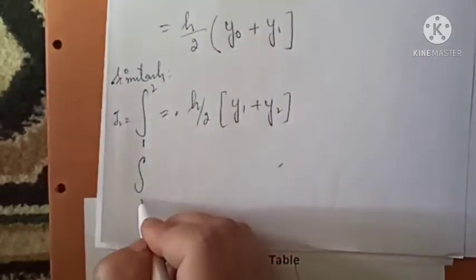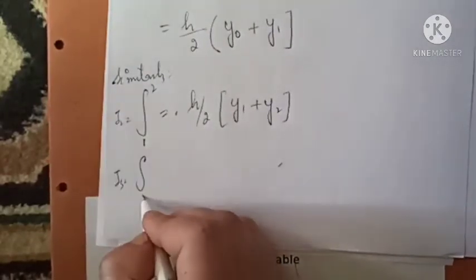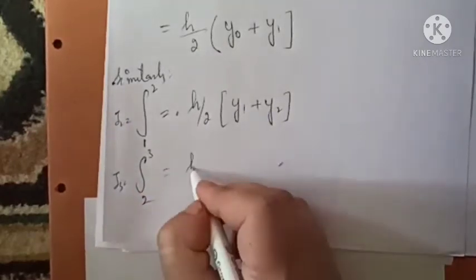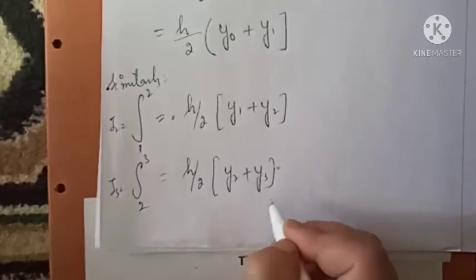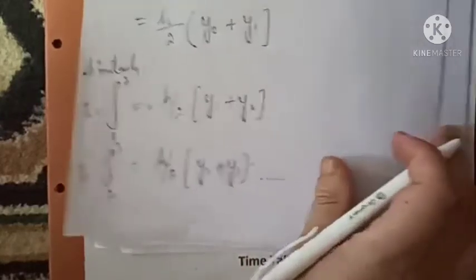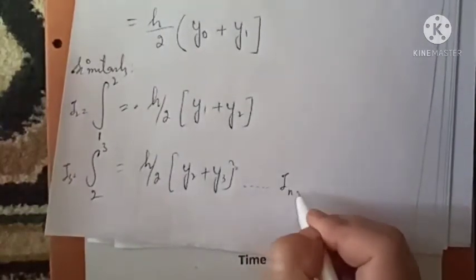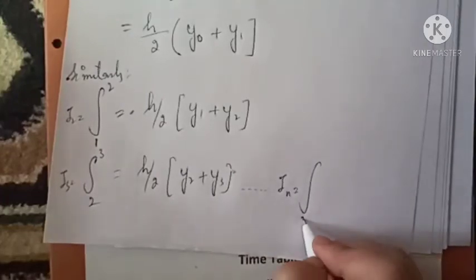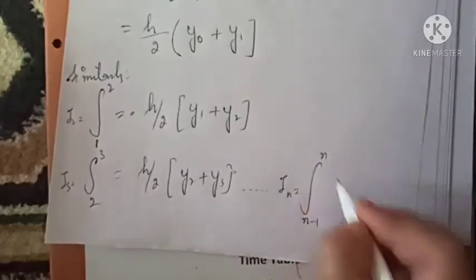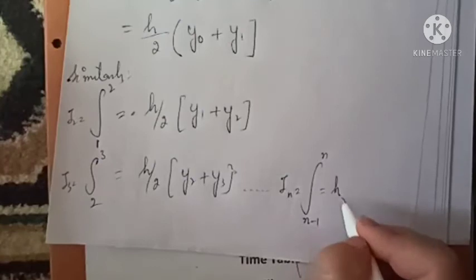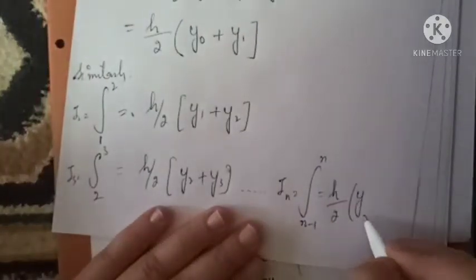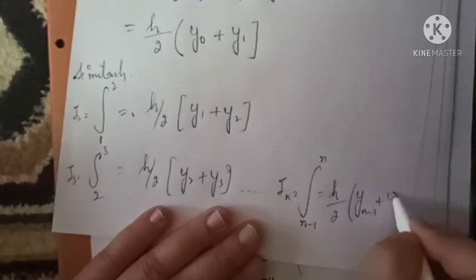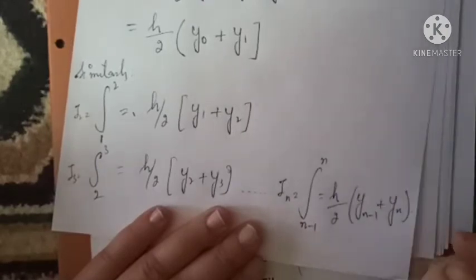Similarly, the third integration from 2 to 3 will be h divided by 2 times (y2 plus y3), and so on, up to the nth integration, from n minus 1 to n, that will be equal to h divided by 2 times (y(n minus 1) plus y(n)), right?